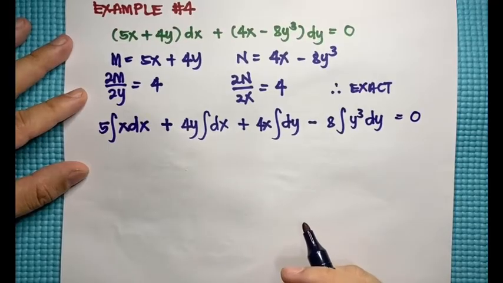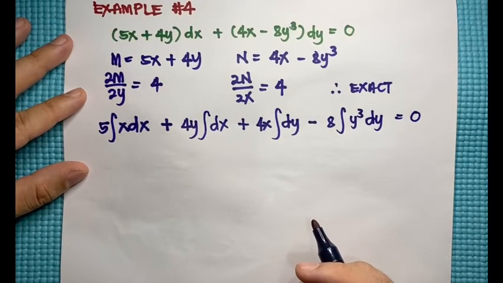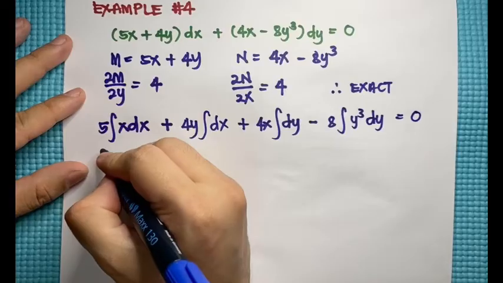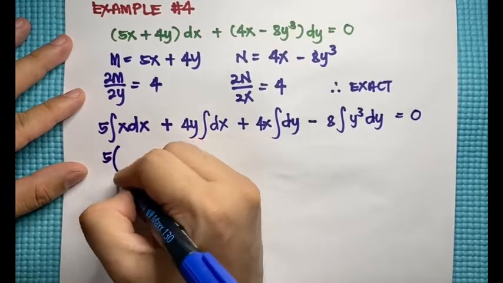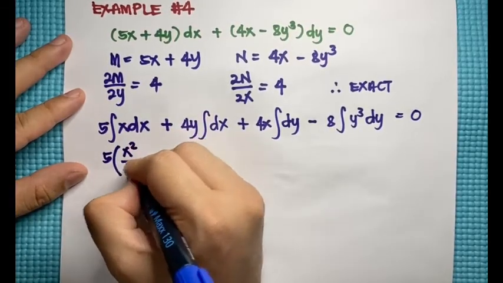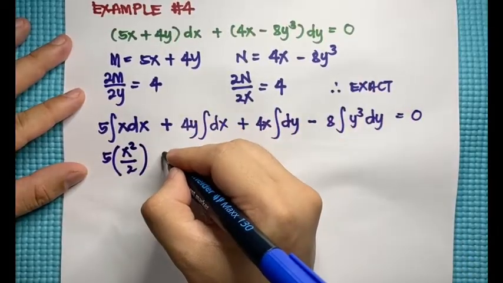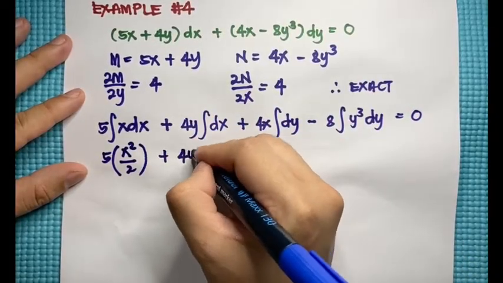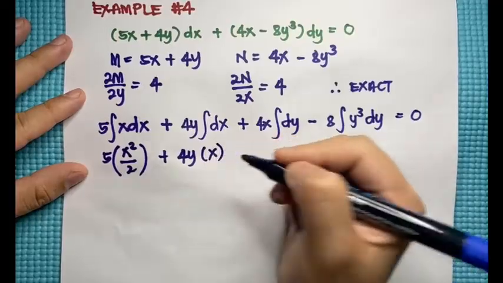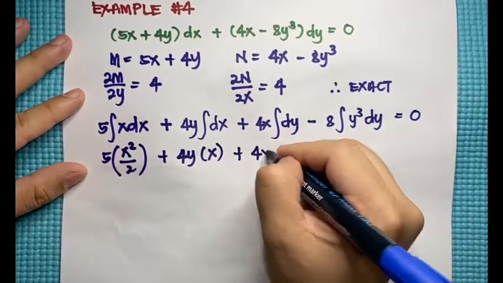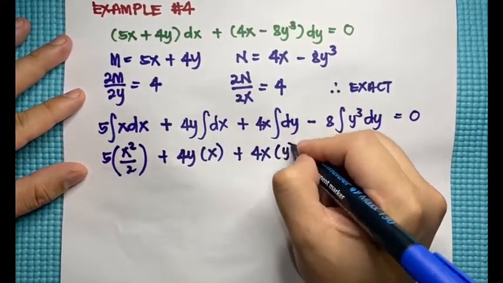And from here, we are going to integrate. So that will be 5 times the integral of x dx, which is x squared all over 2. Then plus 4y, the integral of dx is x. Plus 4x, the integral of dy is y.